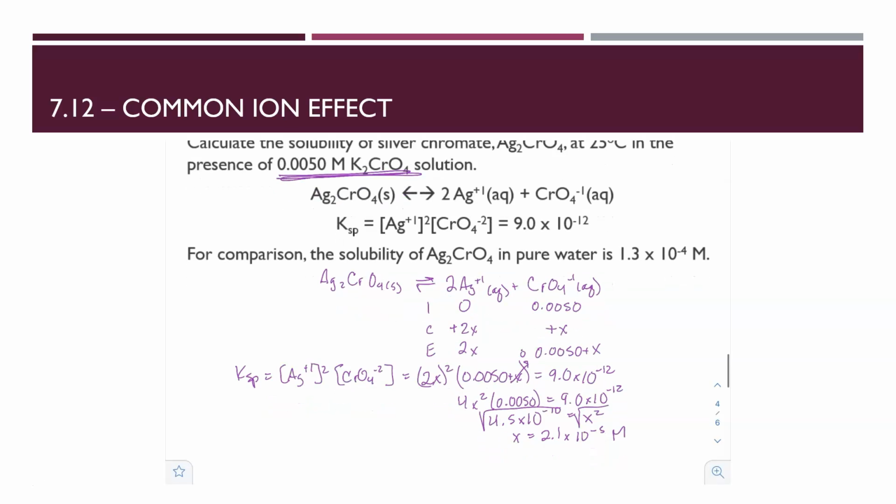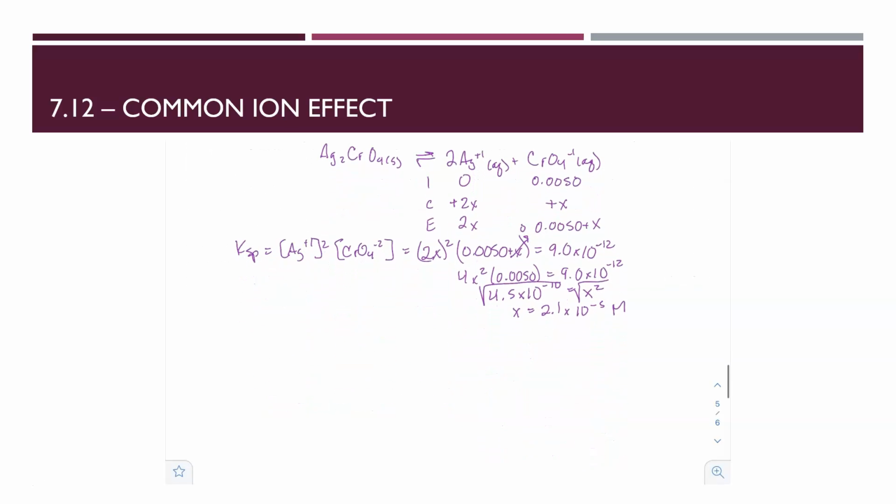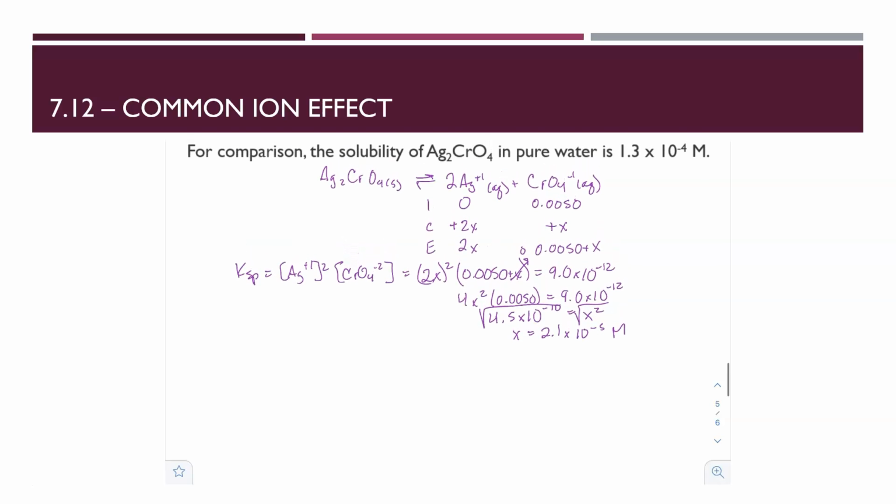Now we want to know the solubility of silver chromate. So we know at equilibrium, our concentration of silver is going to be 2 times x. So 2 times 2.1 times 10 to the negative fifth, which gets me 4.2 times 10 to the negative fifth molar.